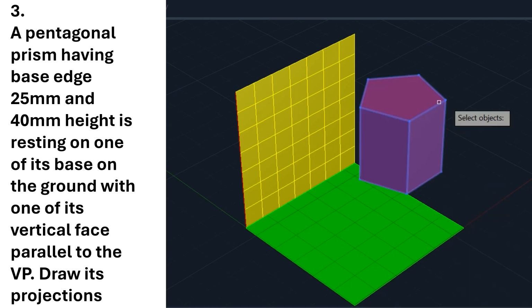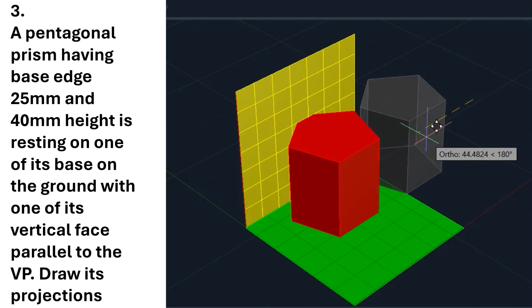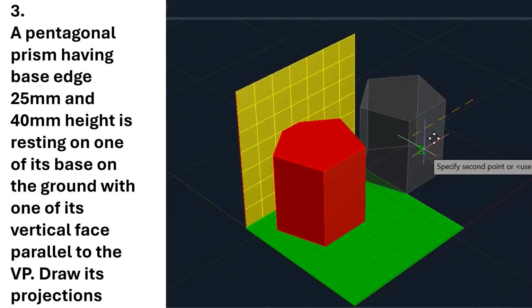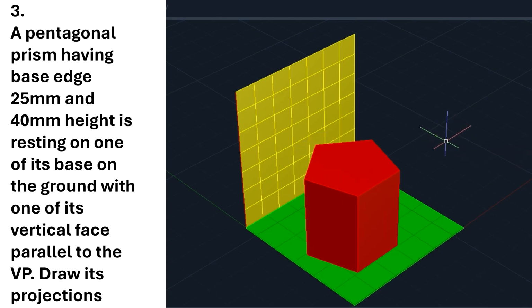So I will locate this suitably onto the horizontal plane, because it is resting on the horizontal plane, and then I will move it a little away from here. So this is how the solid is positioned. It is resting on the horizontal plane with this base, and this vertical face is parallel to the vertical plane, VP.